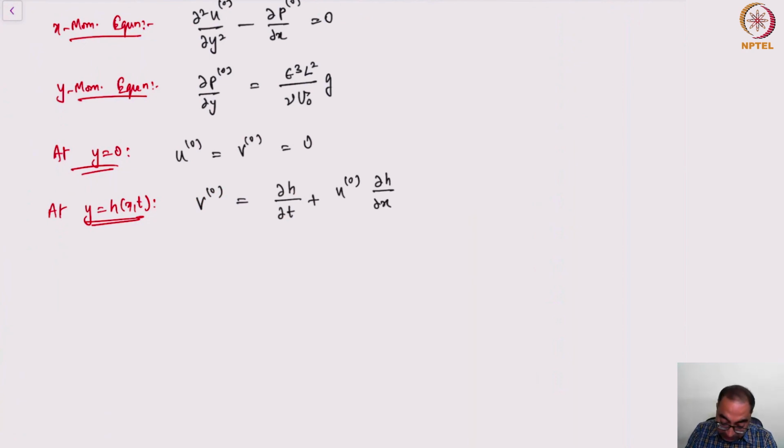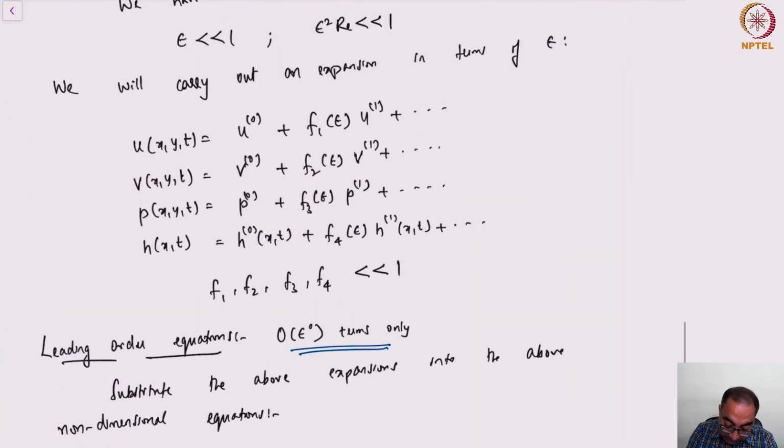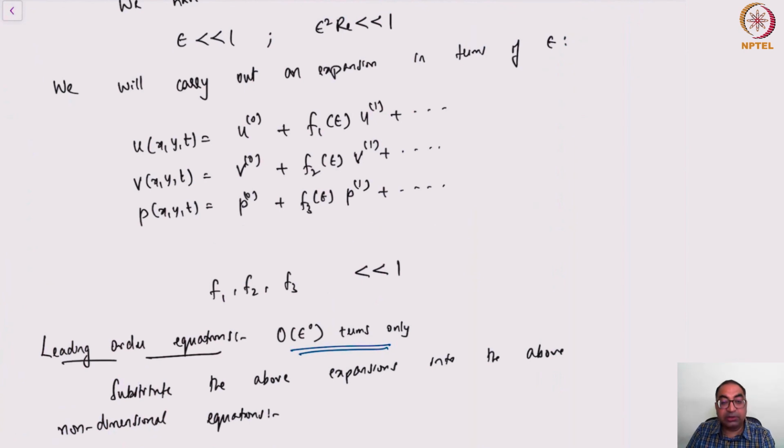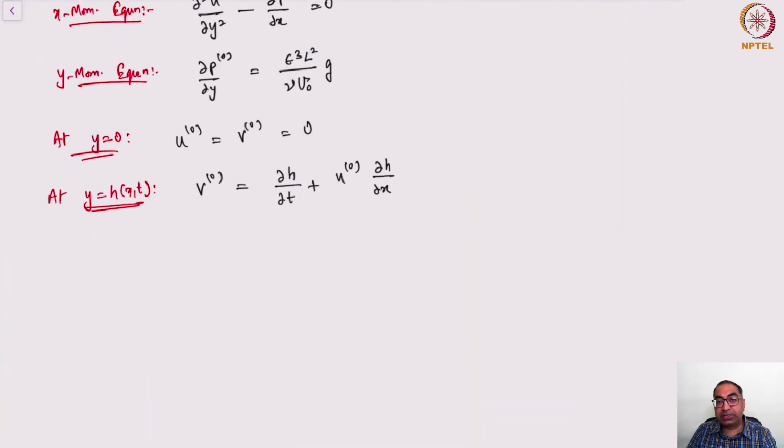I just made one small error here. We don't need to do an expansion in h, so we can get rid of this. It's sufficient to only make an expansion in u, v and p. We've already made use of the lubrication approximation, where h is much smaller than the horizontal length scale. So the boundary conditions are applied at y equals h at this point.